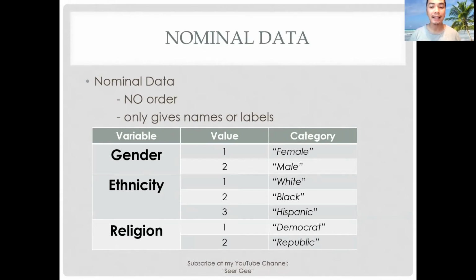So, class, from these examples, we could say that just because the value of the category female is 1 does not mean that when it comes to gender, female is lesser compared to male, which has a value of 2, or that male is more dominant than female. Note that the values 1 and 2 here are just labels for the categories female and male respectively.